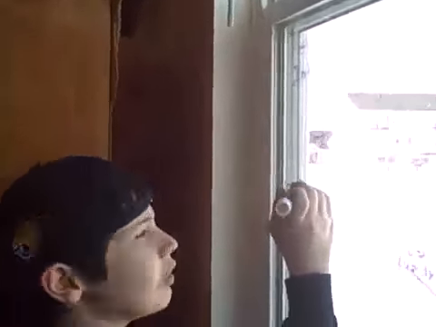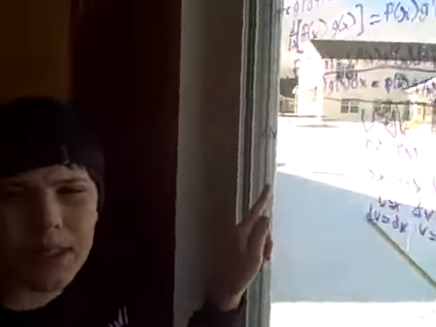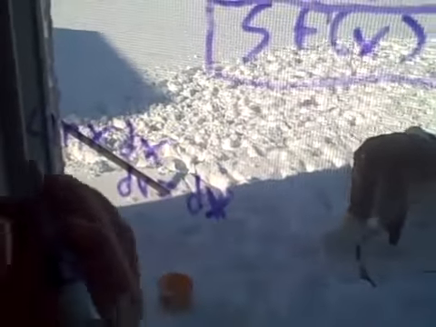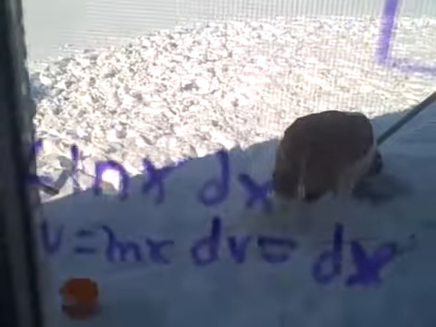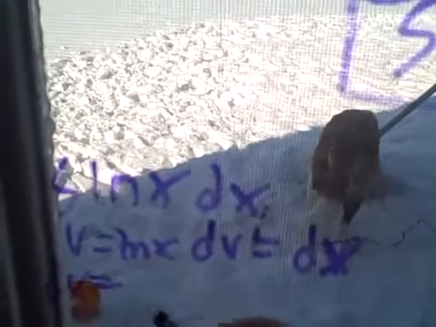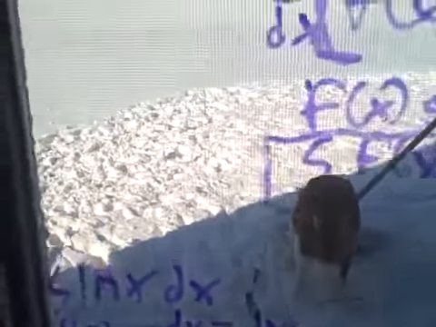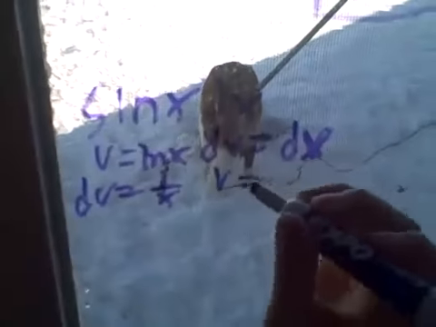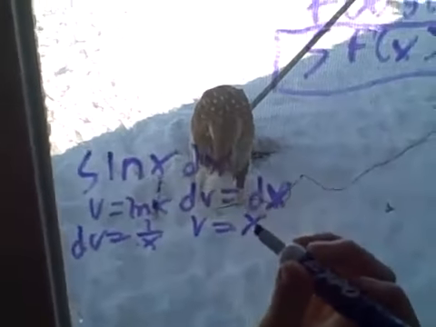We can take the next integral, natural logarithm of x dx. This is my next integral. Now for here, we don't really have much of a choice, because let's say I call u dx. Then du is not really anything simple. So I'm going to call dv equal dx, and then I say u equals natural logarithm of x. So then I have du equals 1 divided by x dx, and then I have v equals x.